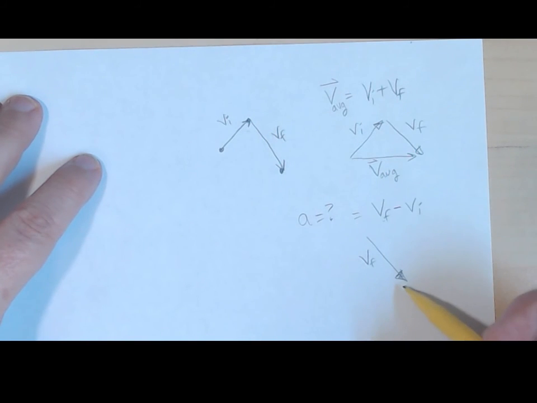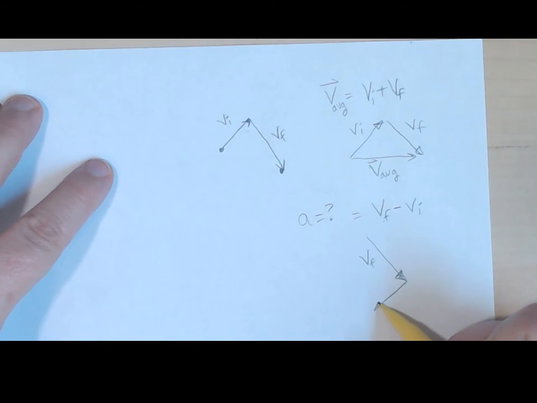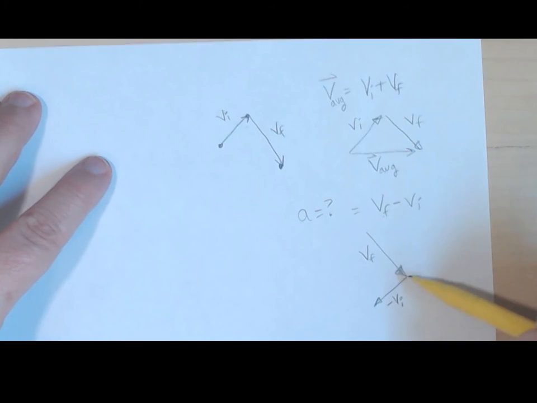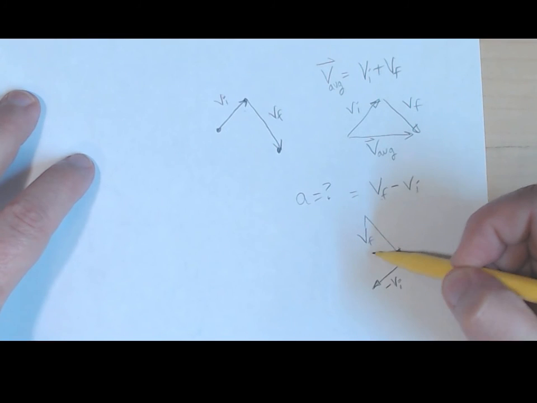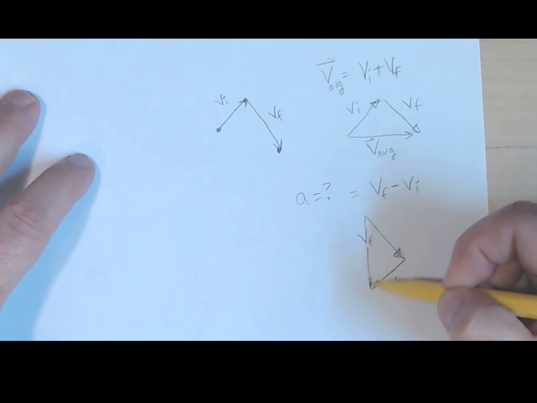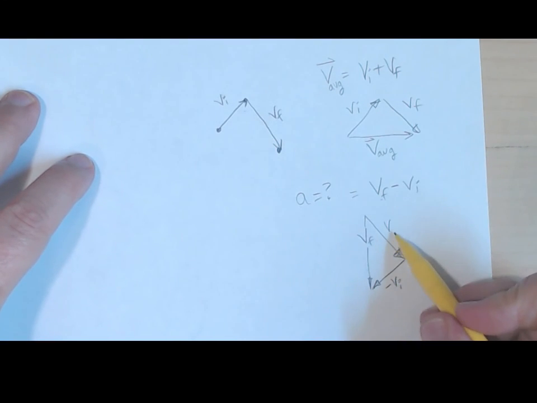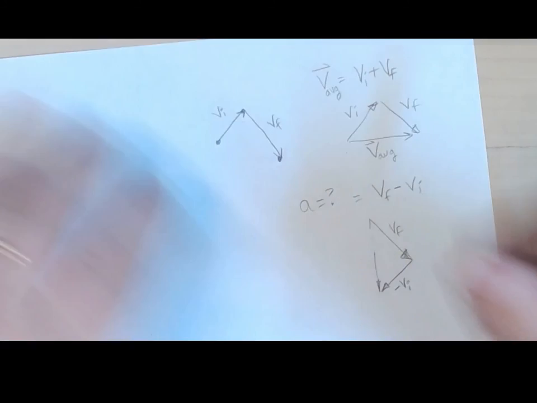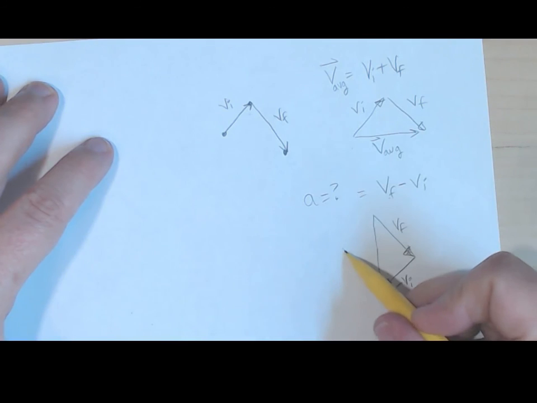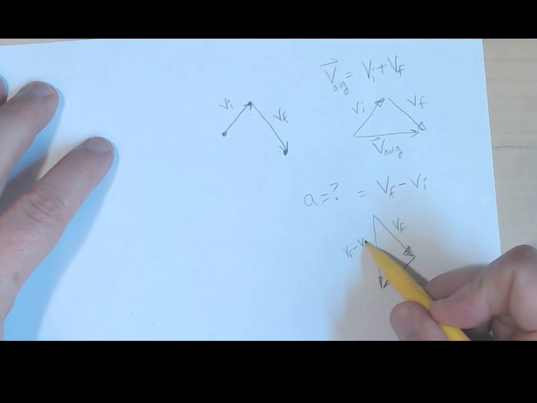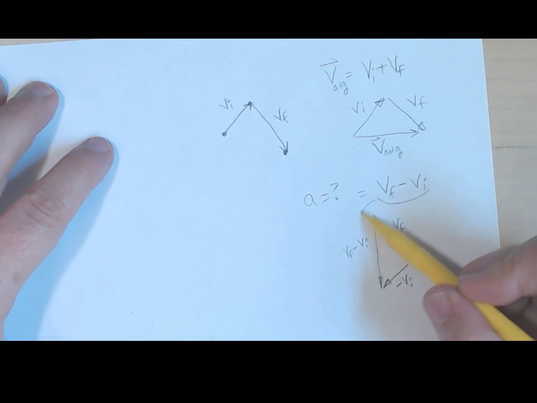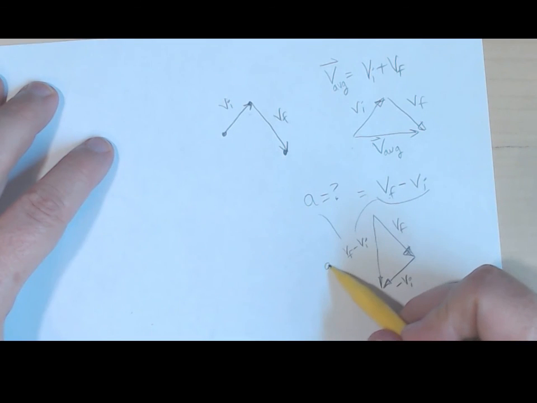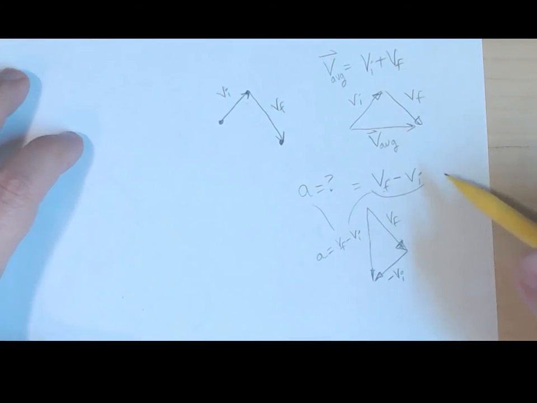So I flip it and it's going to look like this, minus vi. Always be sure to put your labels on here. And now my resultant vector, oops, I didn't label it, vf. So this resultant vector right here is vf minus vi, which is the same as acceleration. Okay?